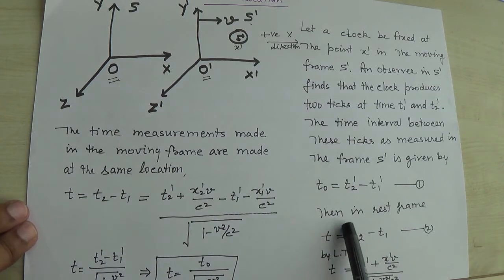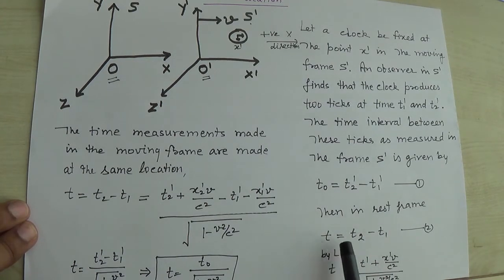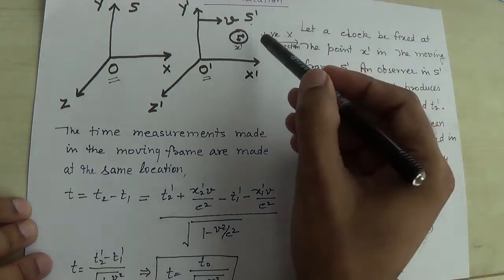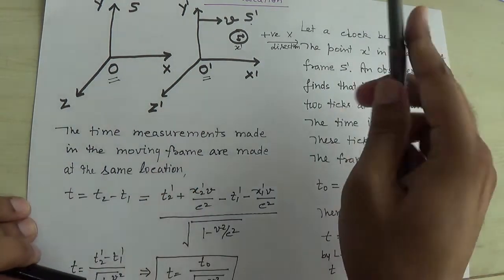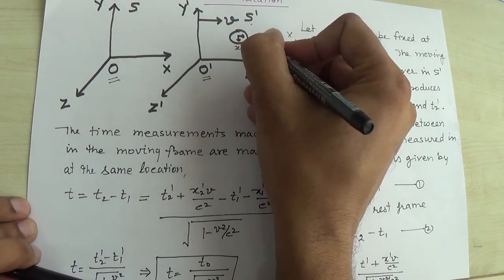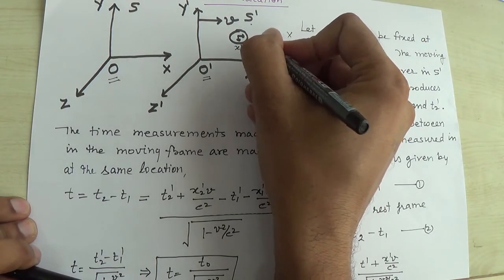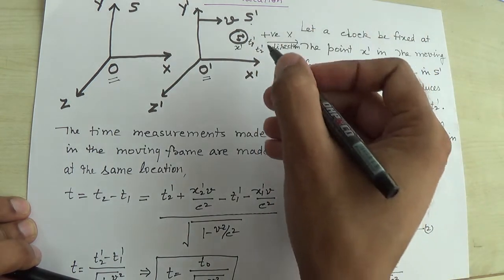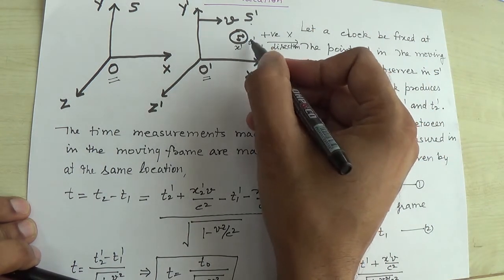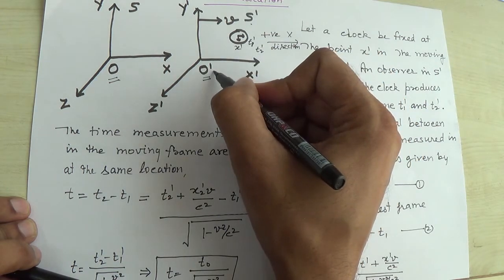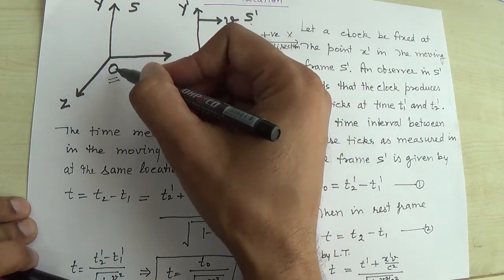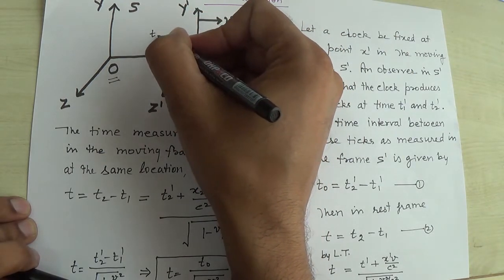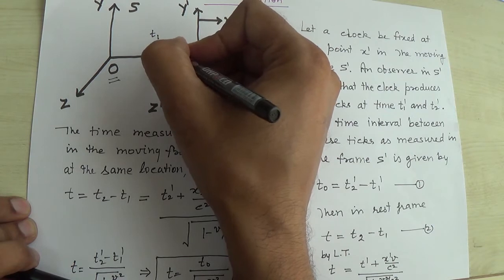So then in the rest frame, T is equal to T2 minus T1. The observer notes two ticks, one at T1 prime and the second at T2 prime. This is the time interval between two ticks according to the observer O, and for this observer O the time interval of the same two ticks will be T1 and T2.